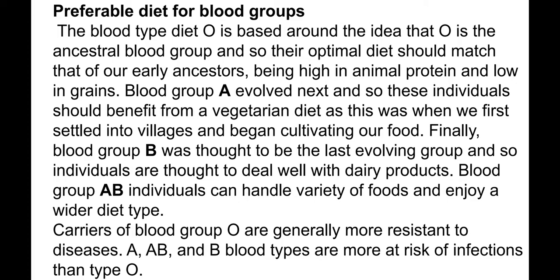Blood type A evolved next, when grain was already available, and people with blood group A can probably benefit from a vegetarian diet.